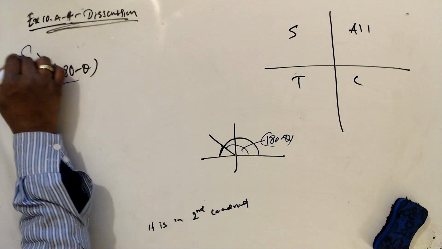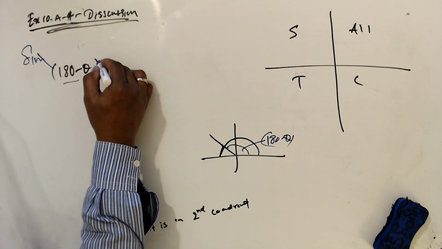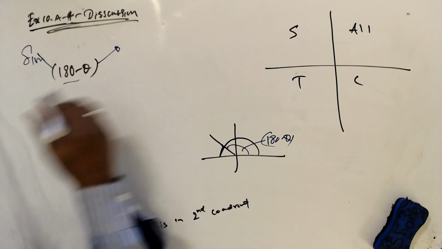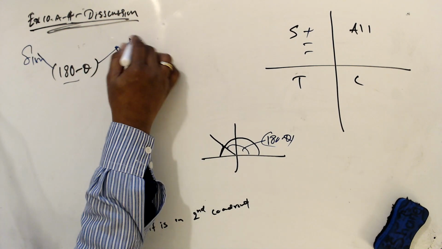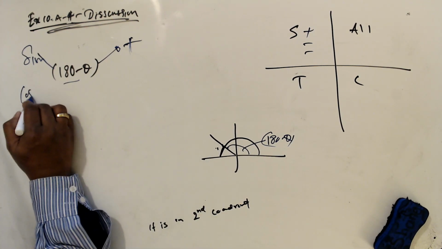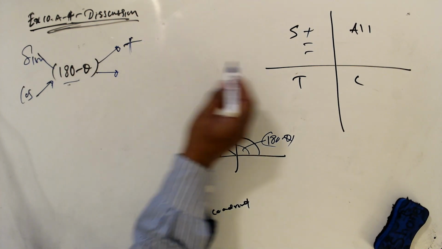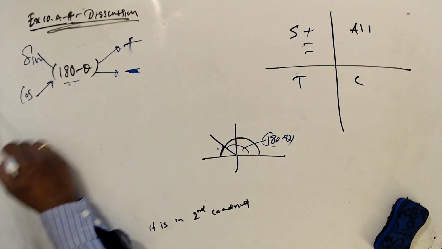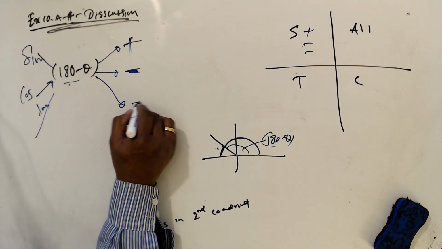For this angle, if you consider sine ratio, in second quadrant, what is the sign of sine? It is positive. Sine positive, all others negative. For second quadrant, how about cos for this angle? We know that cos is negative. Only sine is positive. How about tan ratio for this angle? It is also negative.